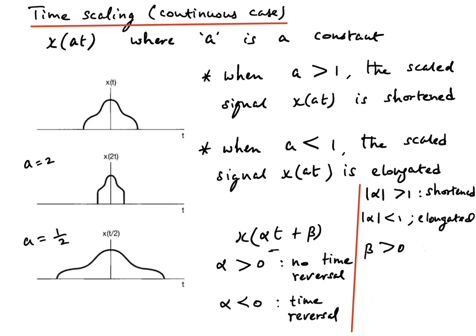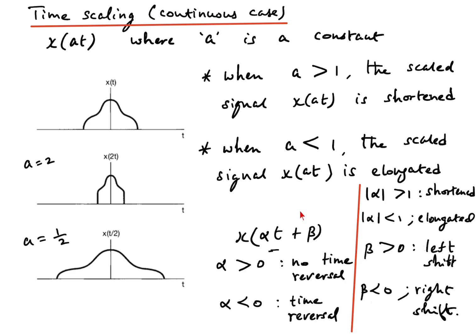So when we have it as plus beta, it is a left shift. And when beta is less than 0, it will be a right shift. Okay, so that's all the transformations we are going to have.